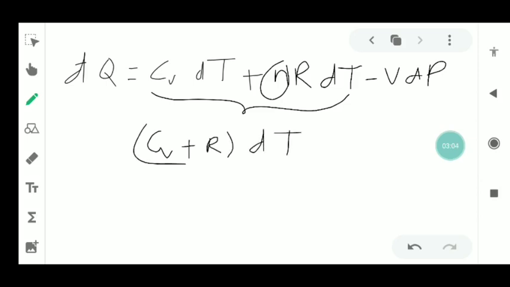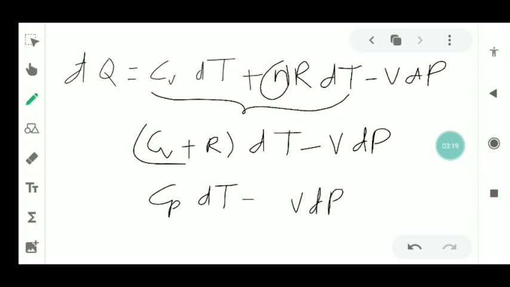We have taken dt common outside. Cv plus r is Cp, heat capacity at constant pressure. So our dq becomes Cp dt minus v dp. This is according to the first law of thermodynamics.